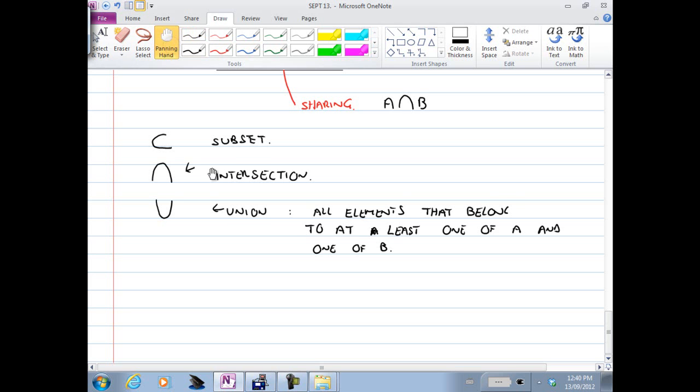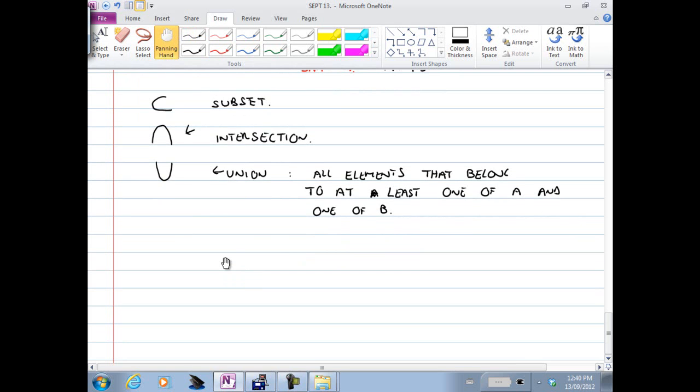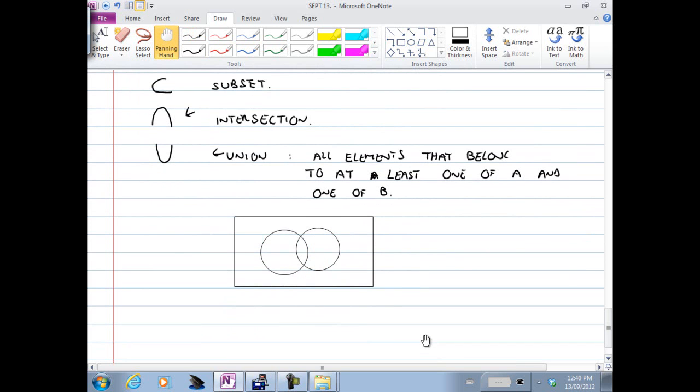Okay, we're going to draw a Venn diagram and I'm going to show you what union means. So we draw a little box and two circles. Union means everything in A or everything in B. So we're going to shade in both circles.